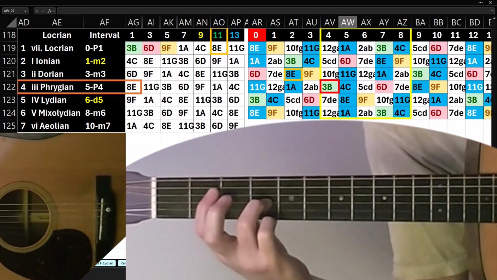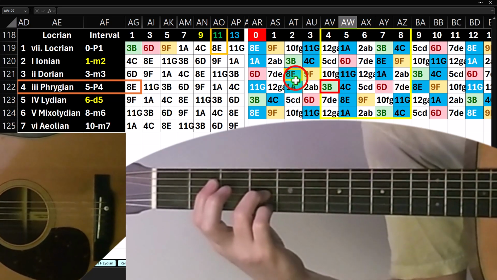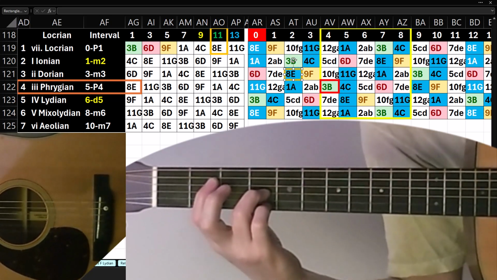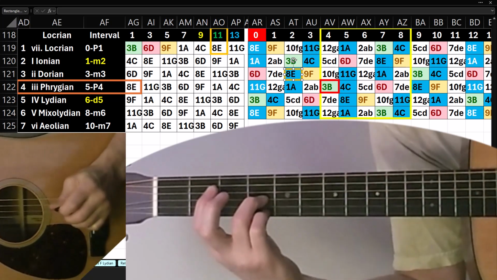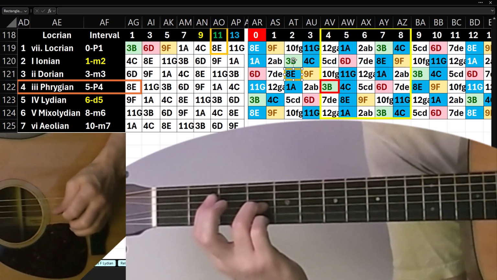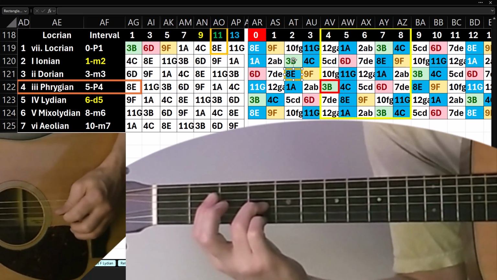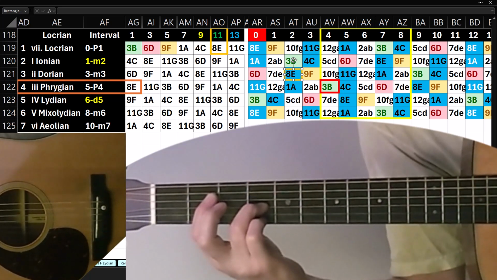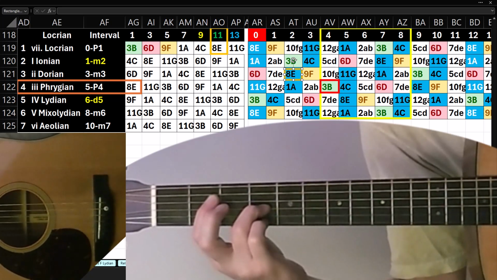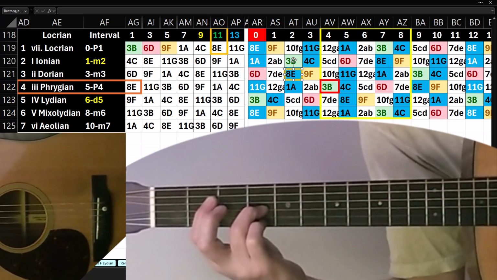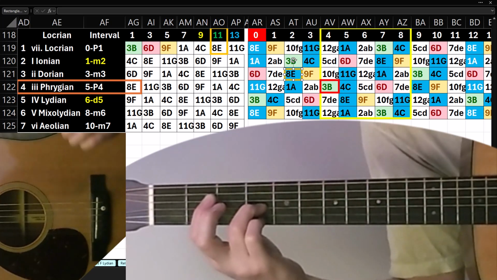So if I went from E to B, then it would be a 5 note away perfect fourth from the perspective of the E. But if I go from B to E, bottom to top, if I went from E to B, it would be a 7 note away perfect fifth.